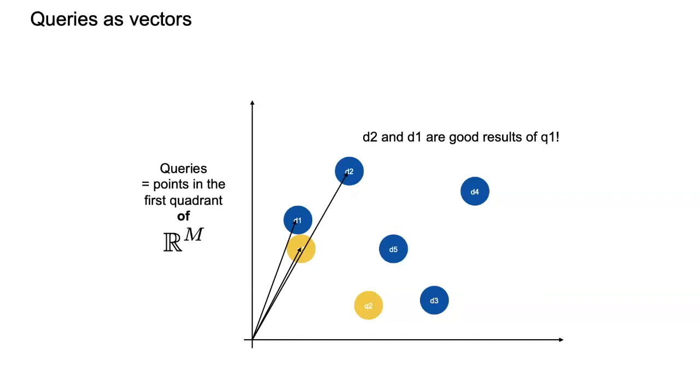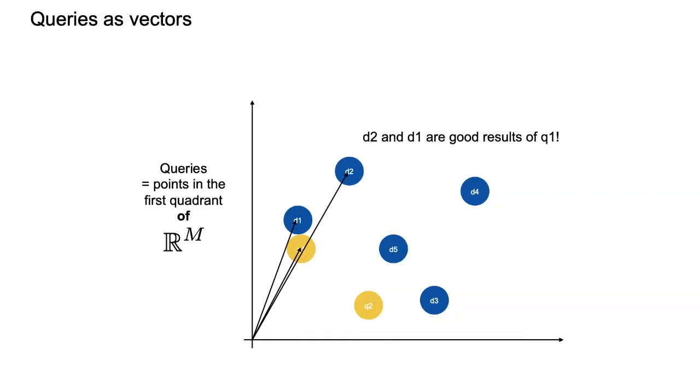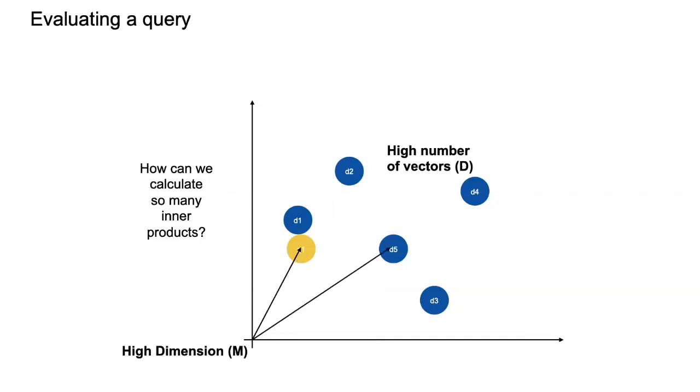And the same for query 1 here, you probably want to return D1 and D2. Do you see how that gives you a scoring system? Now, given a query that is a point in here, you just order the documents by increasing angle, and that's it. For whom is that new? Right? And intuitive? Okay.